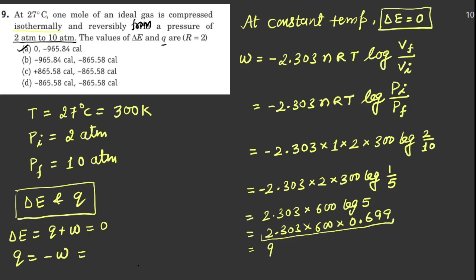Sir, 965.83. Okay, 965.83 calories. So Q comes out to be minus 965.83. So that means option A is correct.